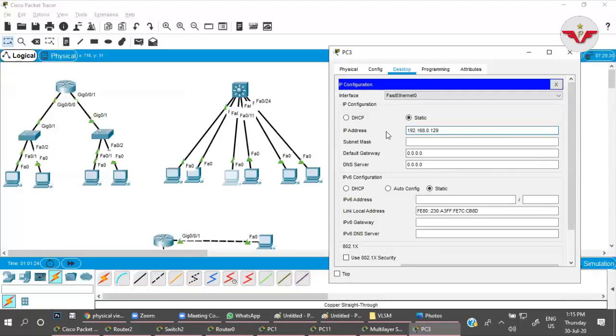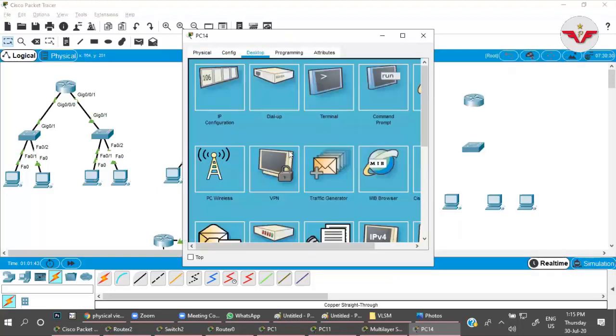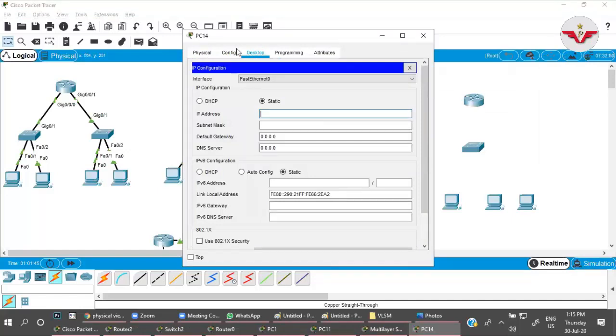So here, IP address 192.168.0.2 for the student network. The network was from 0 to 127 for the student network. The subnet mask 128 and the default gateway 0.1. Come to this desktop, check the gateway. Will it be 127?